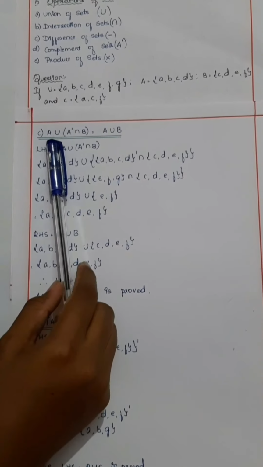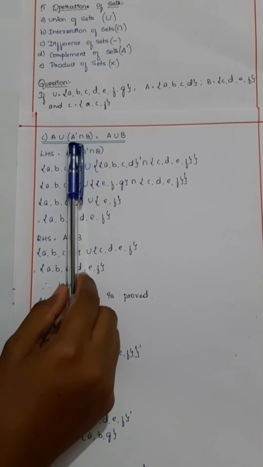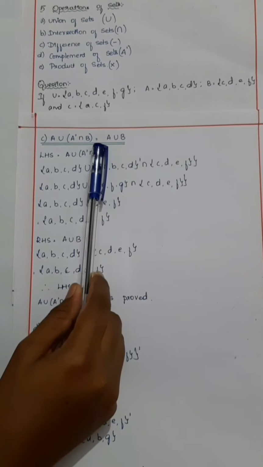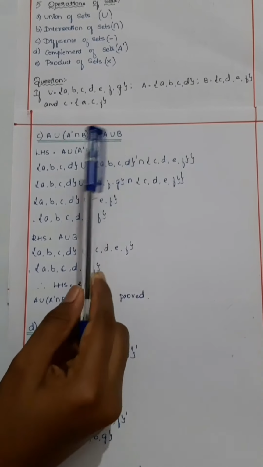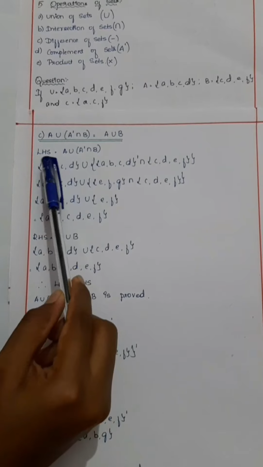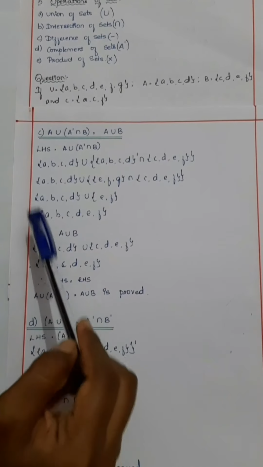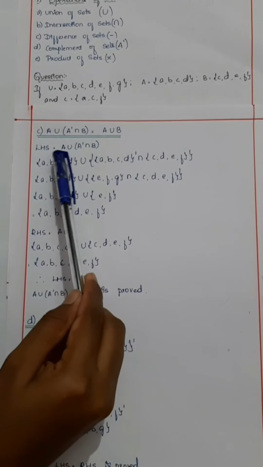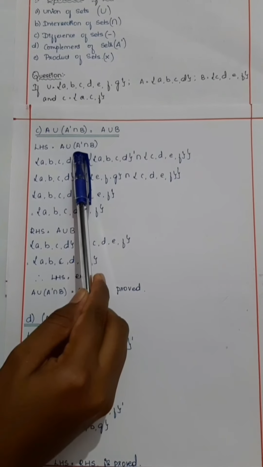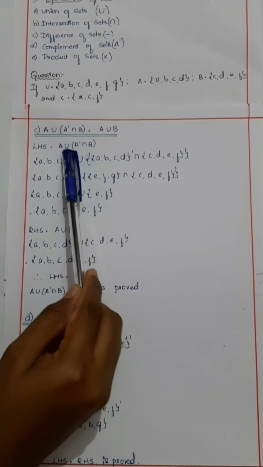Next question. A union bracket A complement intersection B is equal to A union B. As usual, we will prove LHS first and then RHS. What is LHS? A union bracket A complement intersection B. What is complement?